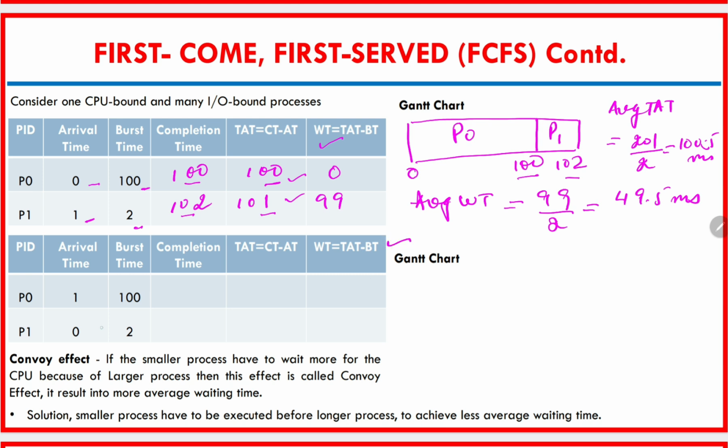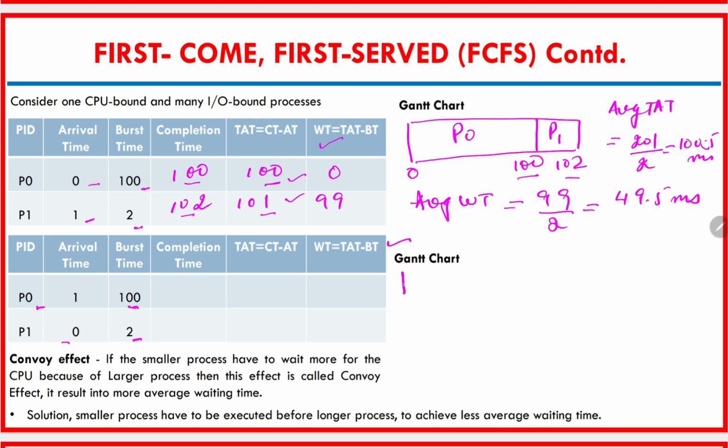So let's just have another option over here, and we have made only one change in this table. We have simply gone for a scenario where we are assuming that process P1 comes first instead of process P0. That is, first of all the IO bound process gets the access of CPU, and thereafter the CPU bound process gets the access of CPU. What is the impact of such a scenario on this system?